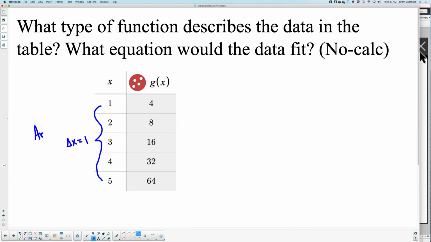This is arithmetic. Okay, now I'm going to do delta y right here. How much is my y changing by? Now delta y means the change of that. How much am I adding by? It was 4. Now how much am I adding by?